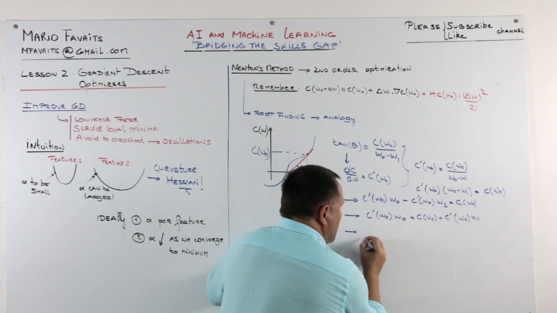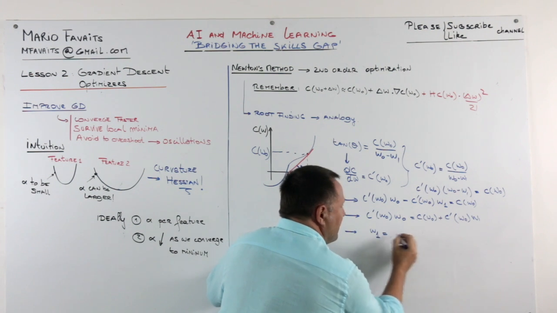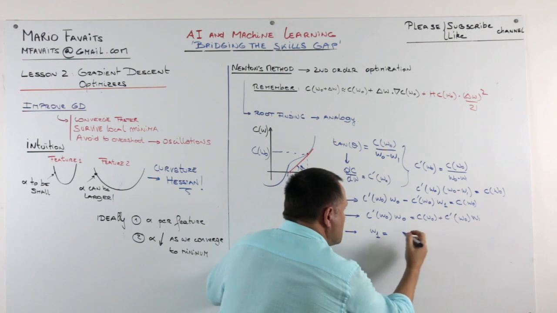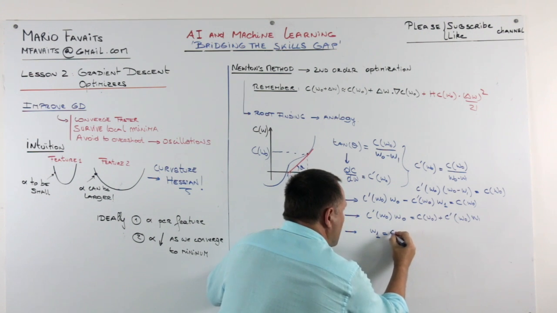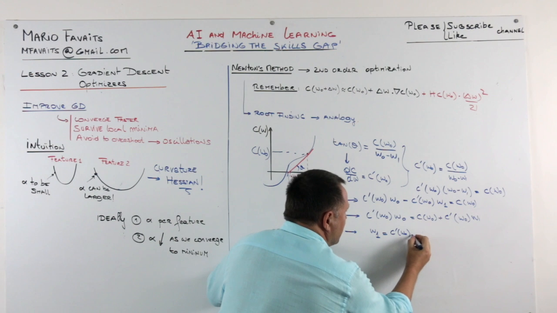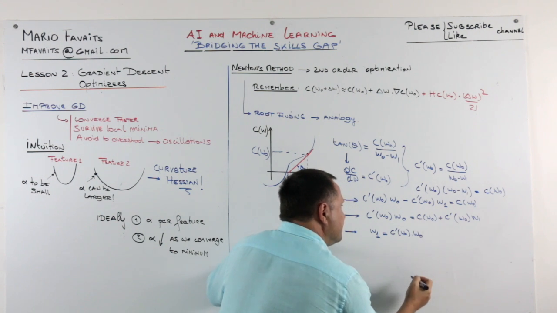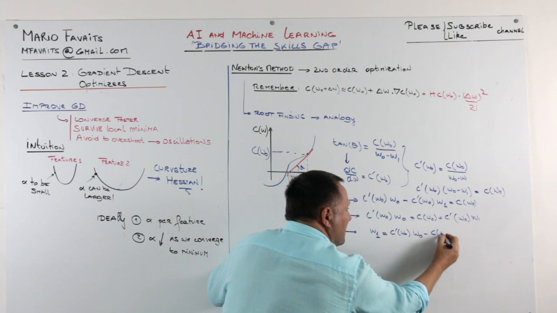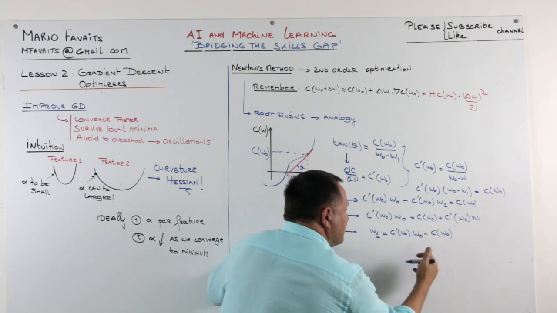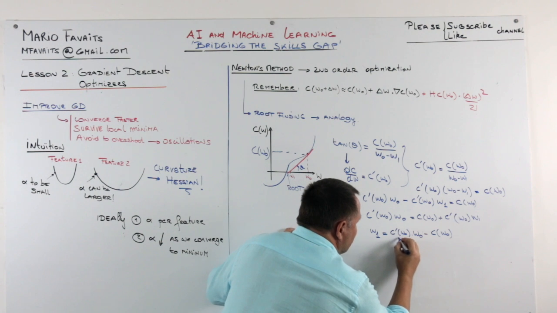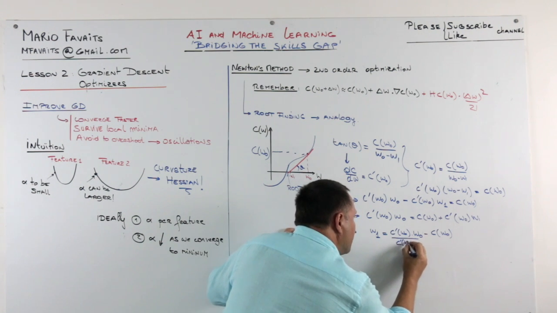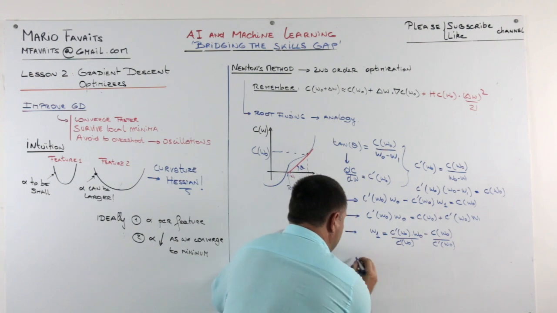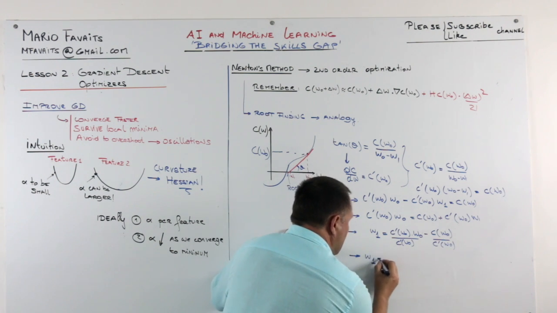So if we isolate W1 here, we have C prime W0 times W0 minus C in W0, and I divide it by C prime in W0.